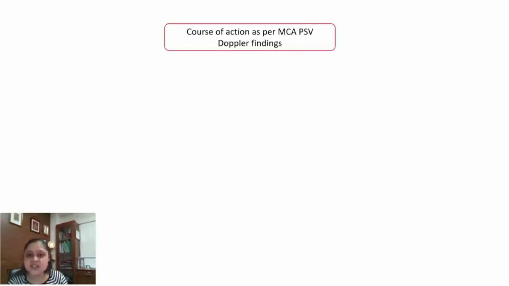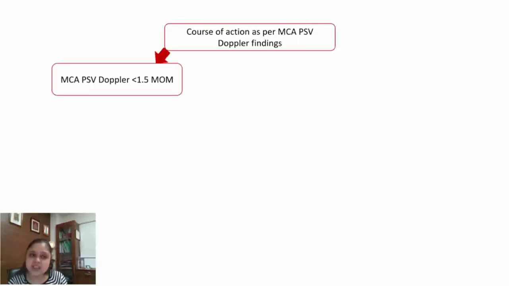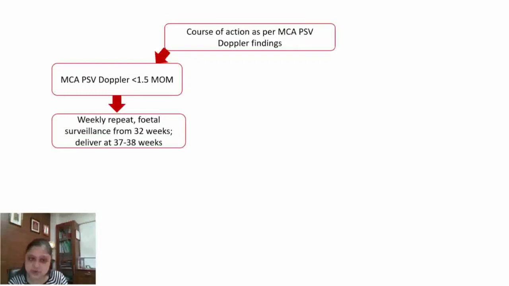If MCA-PSV Doppler is reported to be less than 1.5 multiples of median, then we are going to repeat it weekly along with close fetal surveillance from 32 weeks onwards, and the baby should be delivered by 37 to 38 weeks.